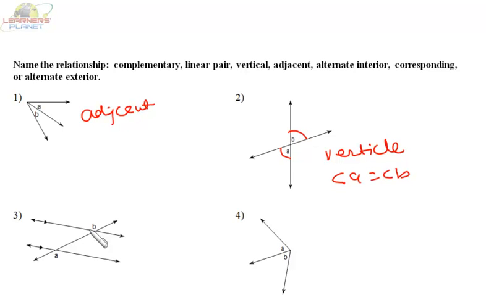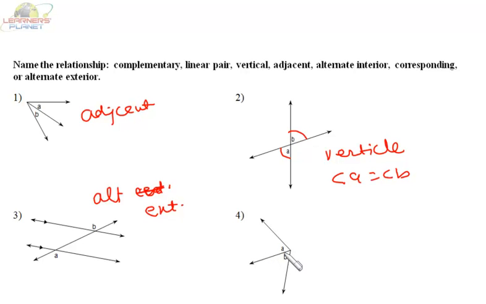The pair of angles which lie in the exterior and also on opposite sides of the transversal. B is on the left side and A is on the right side, and they are lying on the exterior of the parallel lines. So we call them alternate exterior angles. Okay, so just be very clear about it.